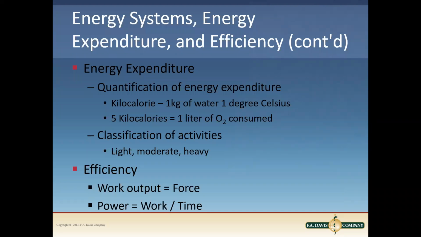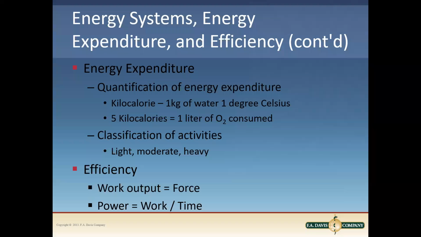Have any of you heard of VO2 max before? It's where we're measuring how much oxygen we're able to use. Although we're looking at oxygen, what we're really looking at is how much energy we're burning, because we need oxygen to burn that energy.